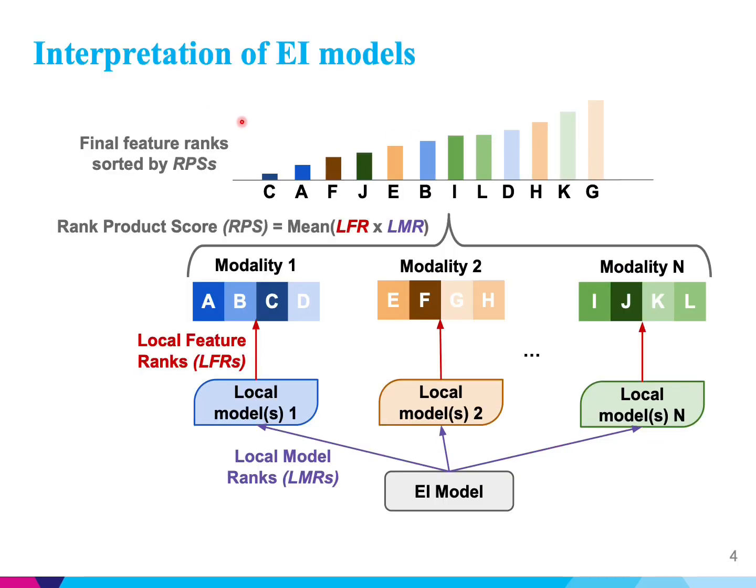Since EI is built with 2 layers of prediction, it's the same for the interpretation part: first we get the local model ranks, and then the local feature ranks. By combining these two into a rank product score, we can sort them into the final feature rank. This tells us which features are most important to our target problem.